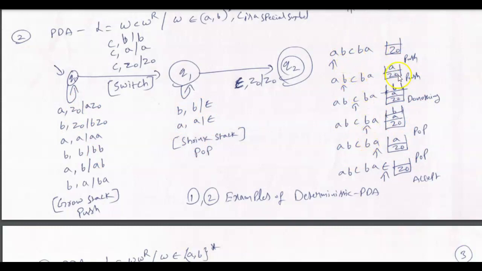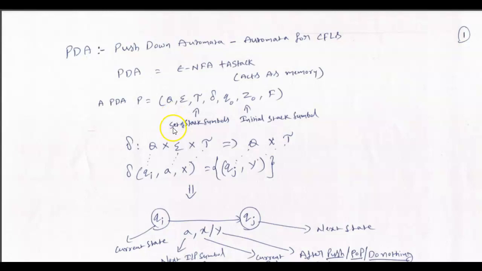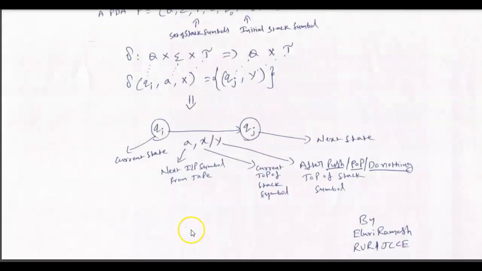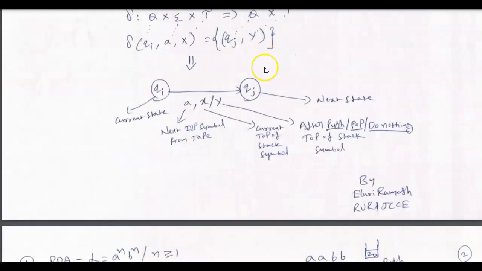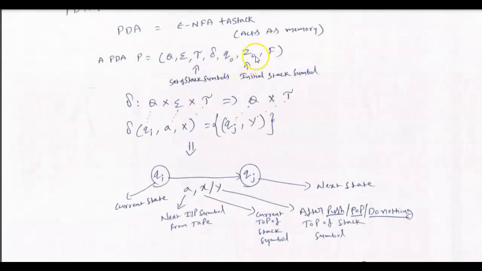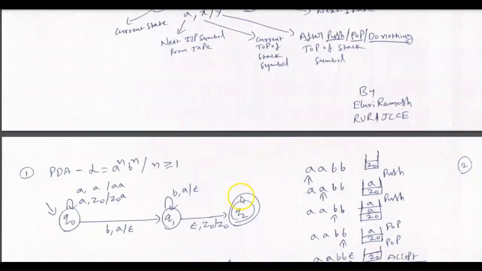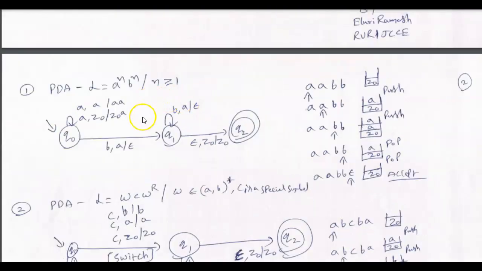After that, you have to draw the entire PDA, and then define the 7-tuple value that we already discussed: the set of states, sigma, tau, delta with the various transition functions for the constructed PDA, and the corresponding Q0, Z0, and F. What are the final states for the constructed PDA?